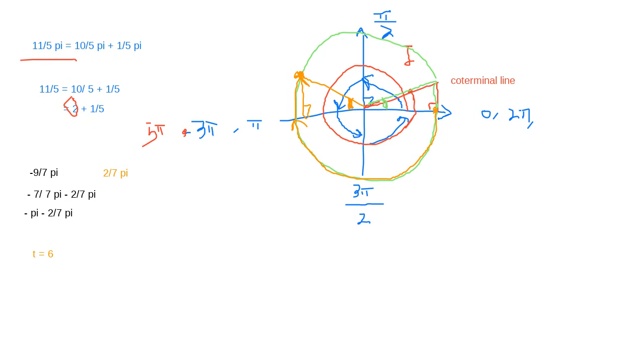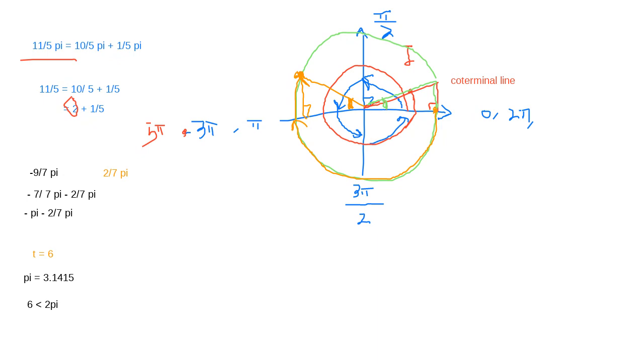So 6 is a little bit less than 2 pi, very close to it. So we know that it ends in the 4th quadrant.